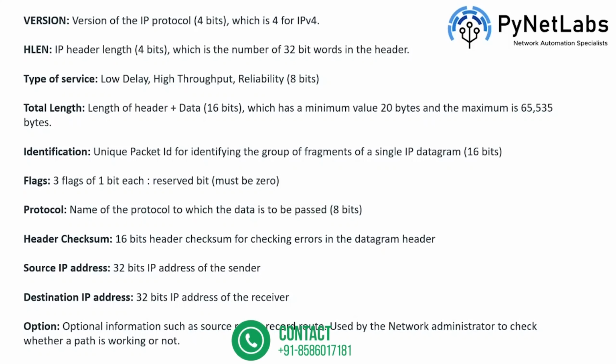Then the next thing you have is header checksum. This is a 16-bit field which shows the checksum value and can be used for checking errors in the datagram header. Then you have the source IP address, the IP address of the PC which is sending the packet. Then you have the destination IP address, which is the IP address of your destination PC.